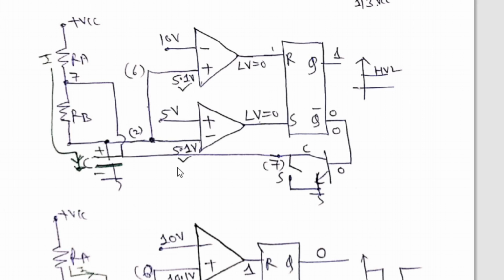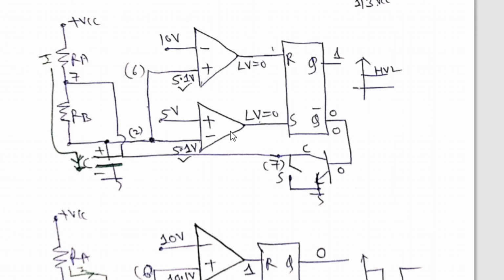Now when these voltages are just above one third Vcc, see the output, the lower comparator will go into logic 0 now. Earlier the lower comparator was in logic 1 because this was less than 5 volt. Now as soon as this voltage crosses 5 volt, the voltage at the negative terminal becomes greater than the voltage at the positive terminal.